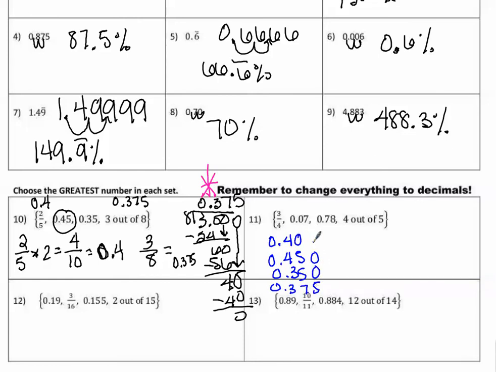Add zeros so they're all the same length. The greatest number is going to be one of these two because they both start with a 4. The next digit they're comparing is a 0 and a 5. 5 is larger, so 45/100 is your largest number.